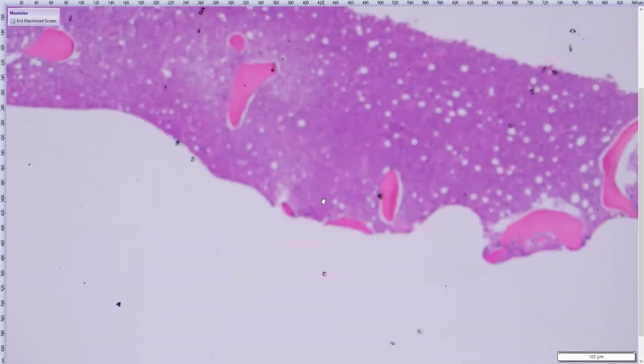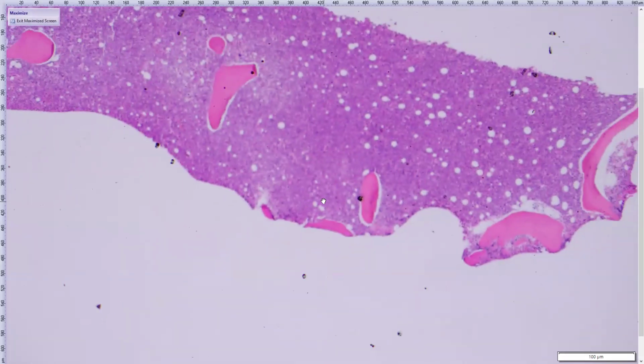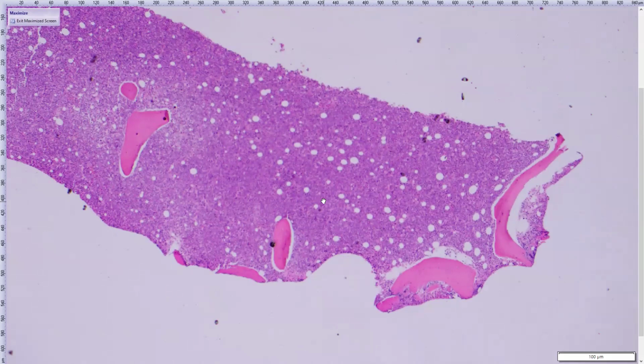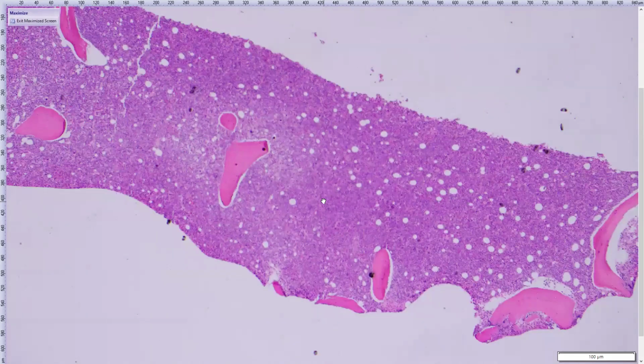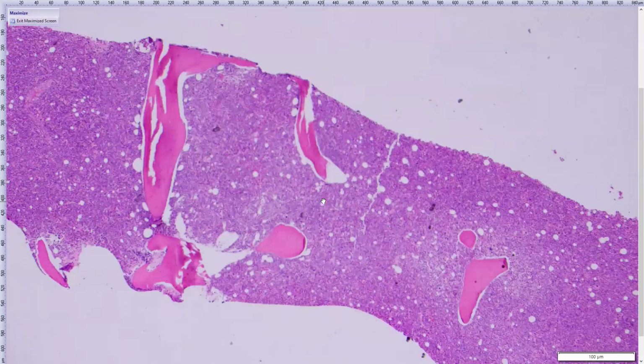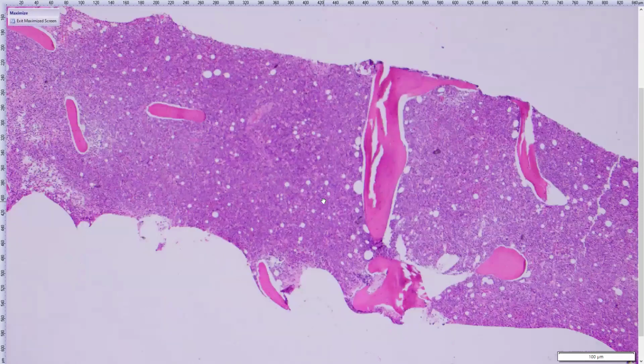Let's look now at the bone marrow core biopsy. And as you can see here, this bone marrow is markedly hypercellular. I would estimate the percentage for such a case at about 80%. It's at least 80%.